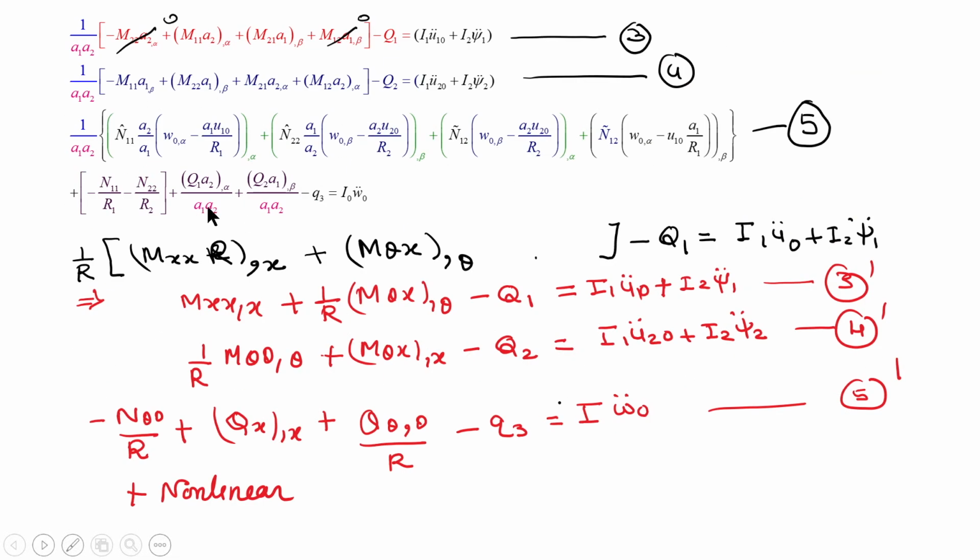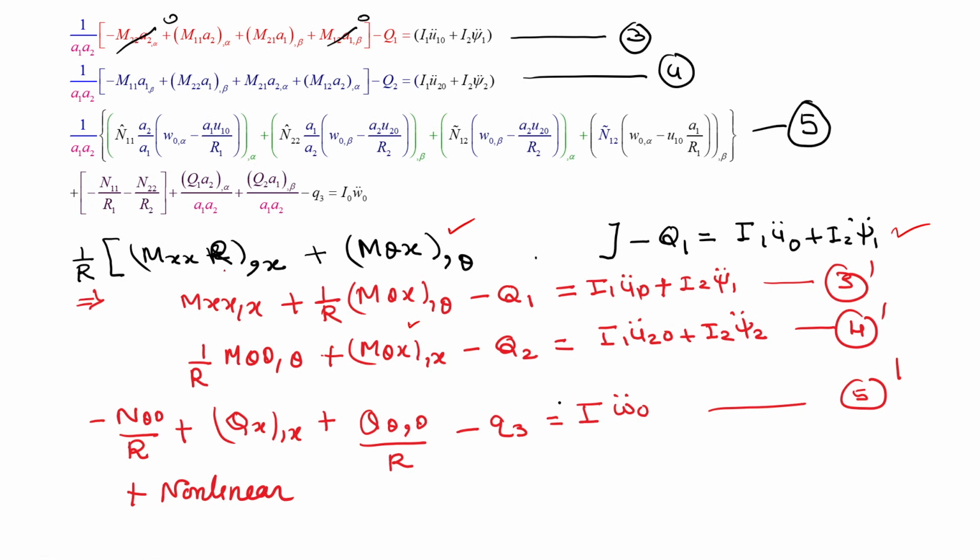In the next third equation, if you get it from there, this will not contribute, only these two terms will contribute. So, it will be mxx a2 is r comma x plus m theta x a1 is 1 comma beta means theta minus q1 equal to this.